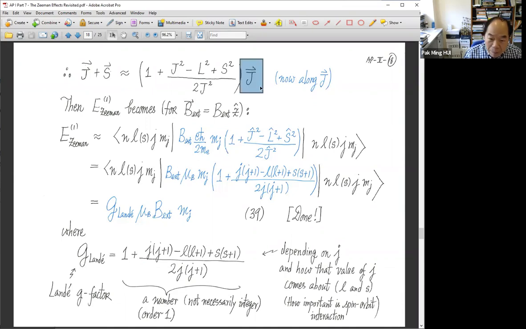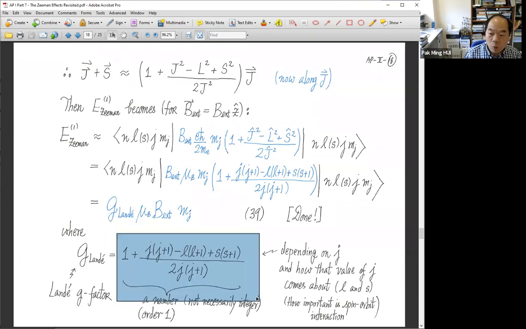The price we pay is the g factor becomes a more complicated combination of the quantum numbers. Apart from that, the answer is very ordinary.